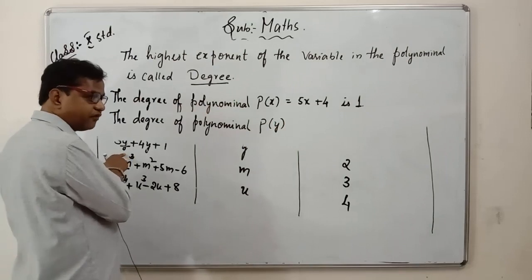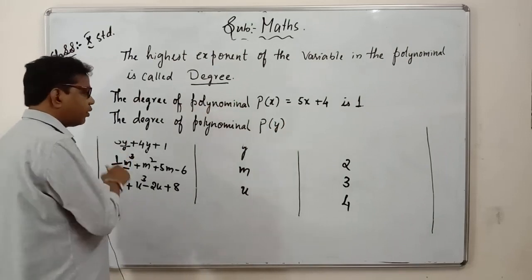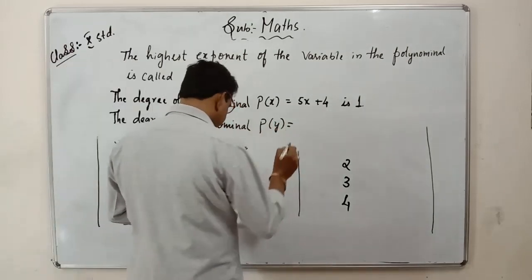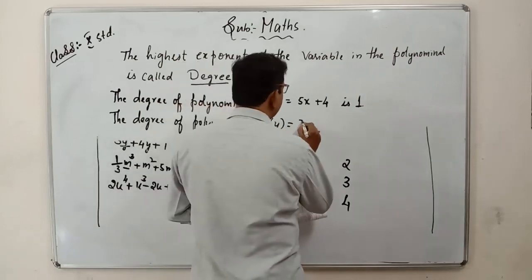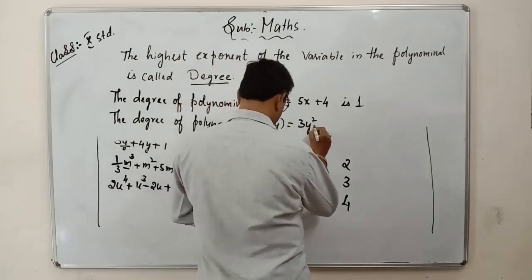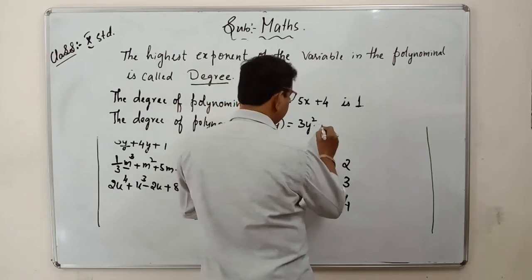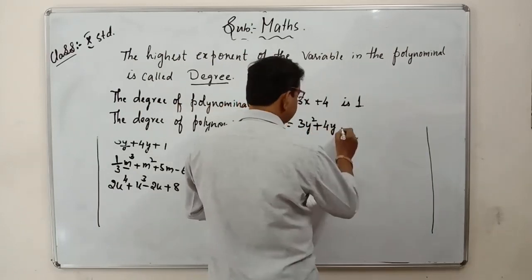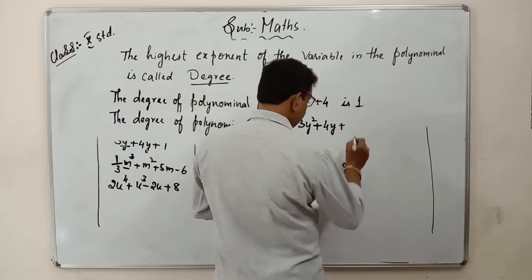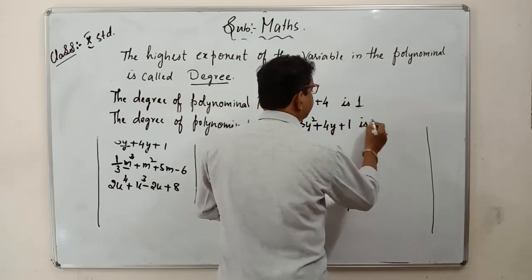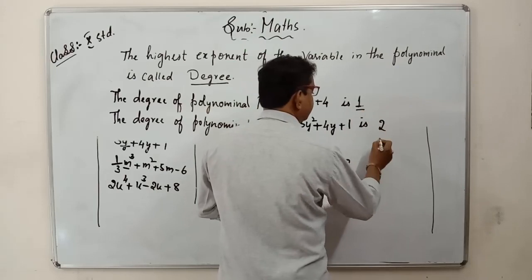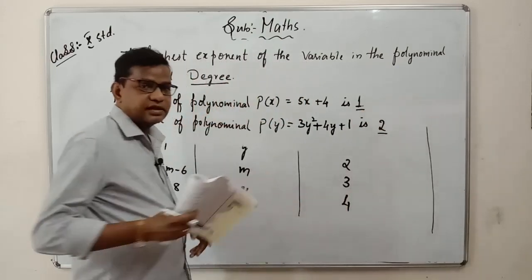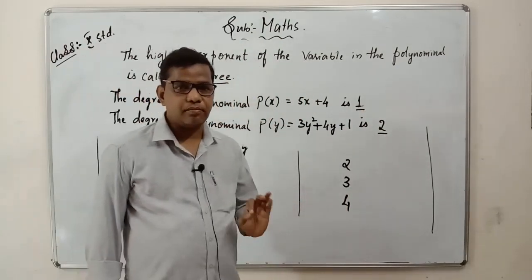Last time we had x there, now we have y equals to 3y square plus 4y plus 1, and the degree is 2. Here it is 1, here it is 2. This is how you have to read the polynomials.